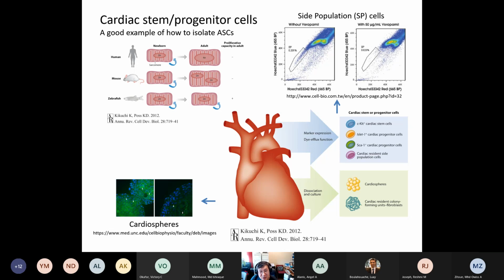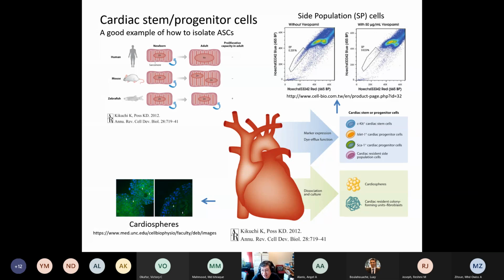And then we can rely on the markers. On the cell surface, there will be some markers, some proteins on the cell surface. By detecting those markers, you would be able to detect where the stem cells are. Basically we have 3 categories of stem cell identification techniques.